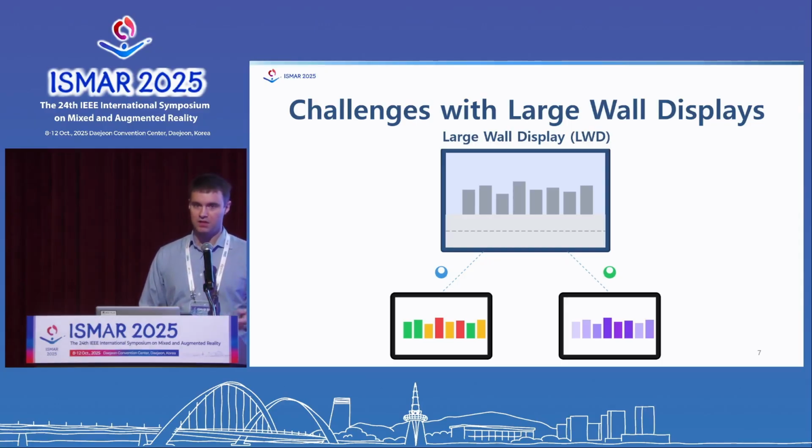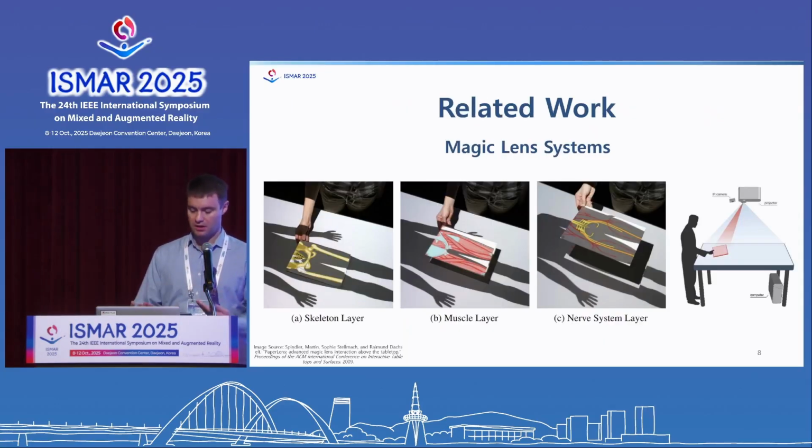I'll present a few examples here just for illustration. For example, through handheld magic lens systems, which create localized view transformations. This example shows Paper Lens, which uses tracked paper sheets above tabletop displays to reveal different data representations. Other versions use tablets, which provide additional functionality, for example, touchscreen interfaces.